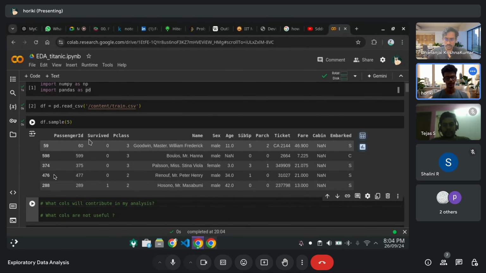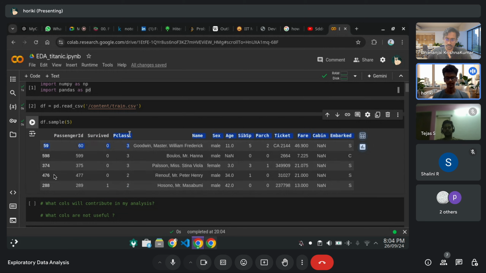So here we have passenger ID, and whether the people survived. If it's 0, it means they didn't survive, and if it's 1, it means they did survive. Pclass, I think it means the tier of luxury. 3 is the lowest and 1 is the highest. We have sex, age.